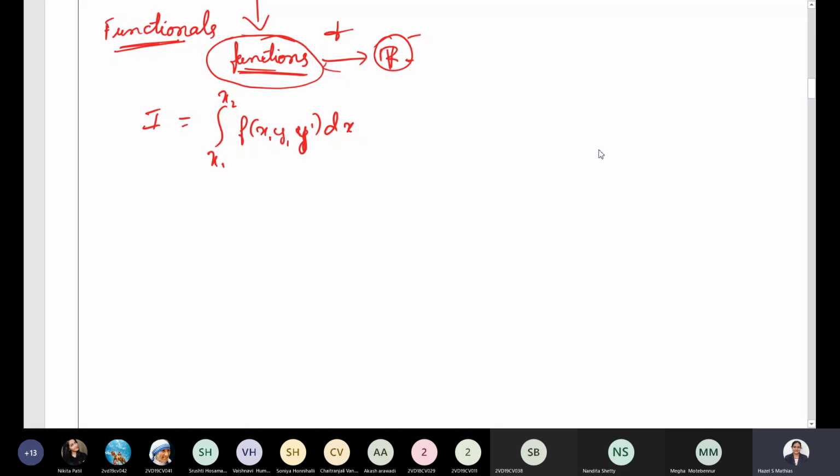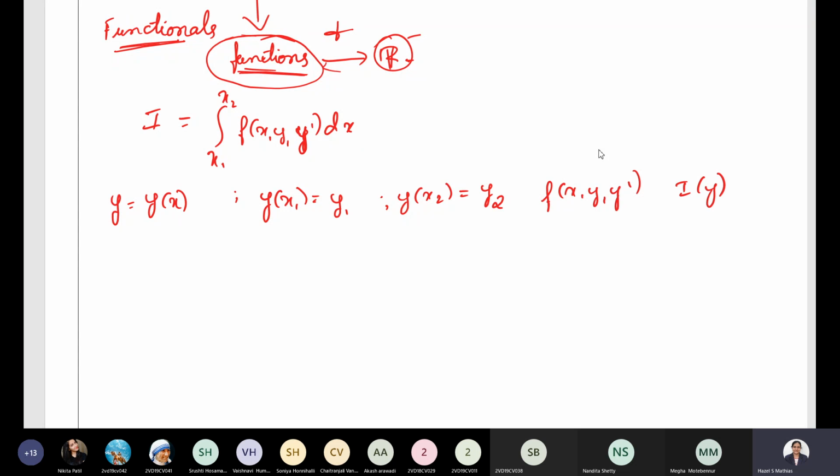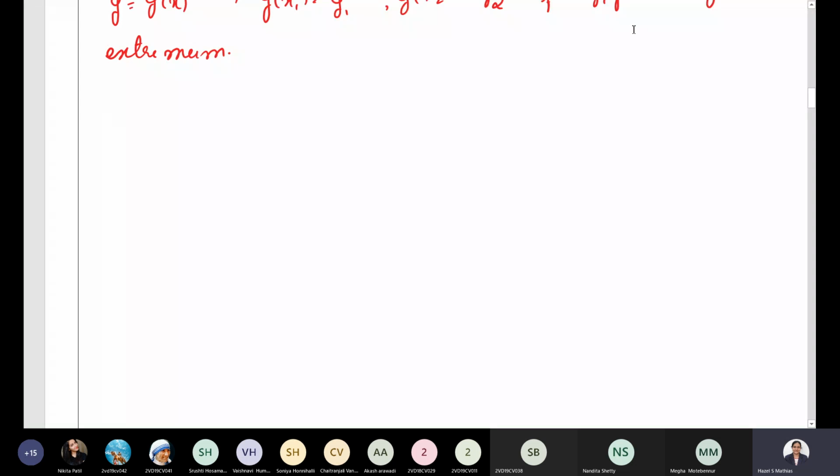We determine a function y equal to y of x which satisfies the conditions y of x1 equal to y1 and y of x2 equal to y2, such that I of y attains an extremum. Making use of calculus of variation, we find the necessary condition for the functional to attain an extremum. The necessary condition is given by Euler's equation, and we derived this Euler's equation in the previous class.